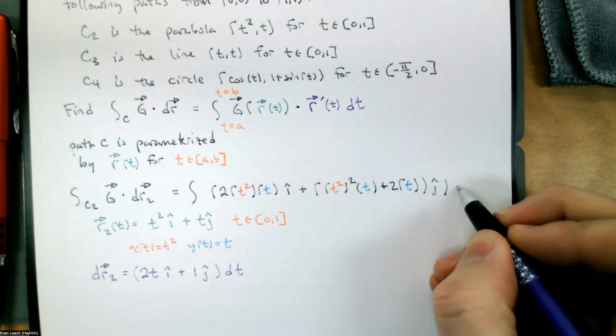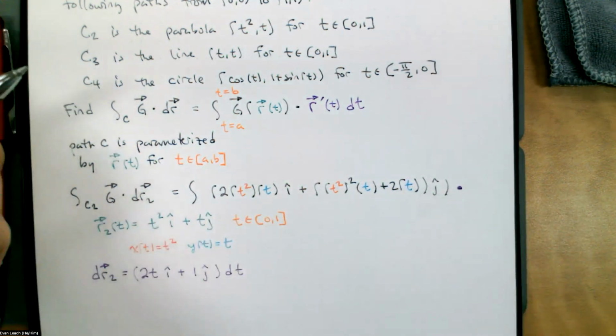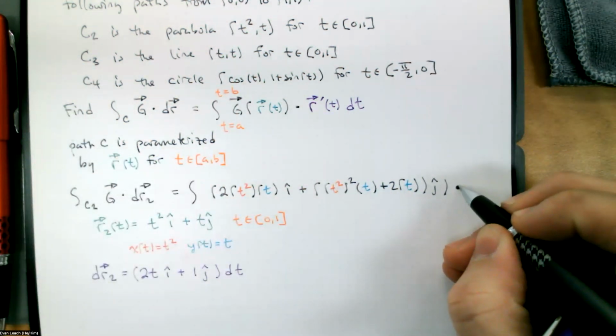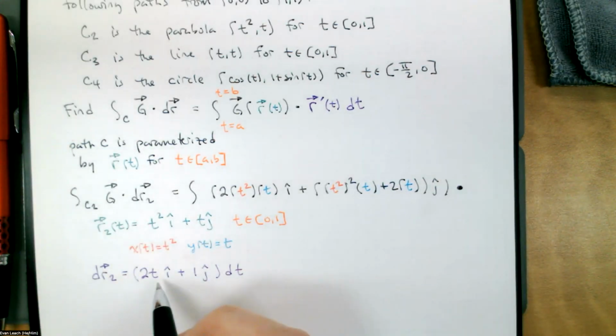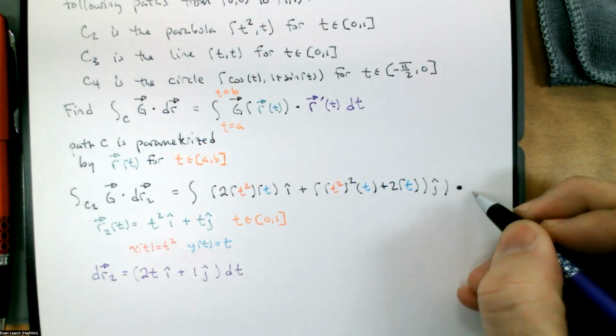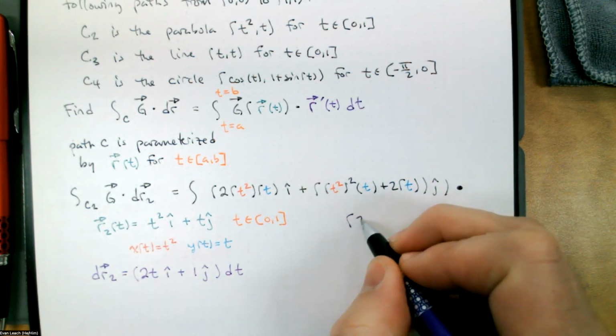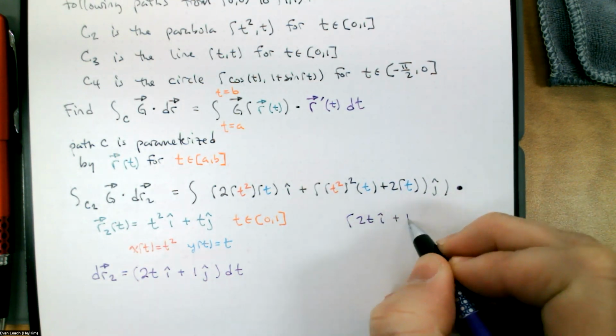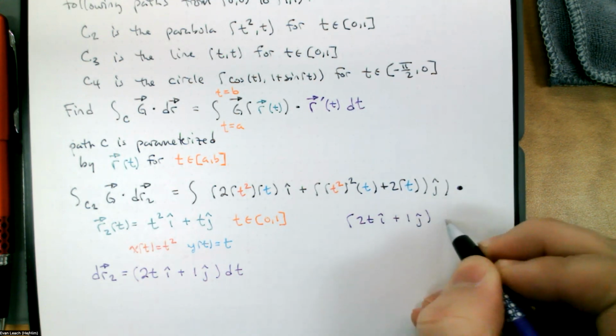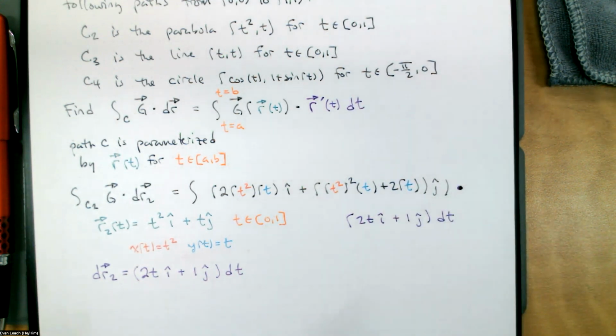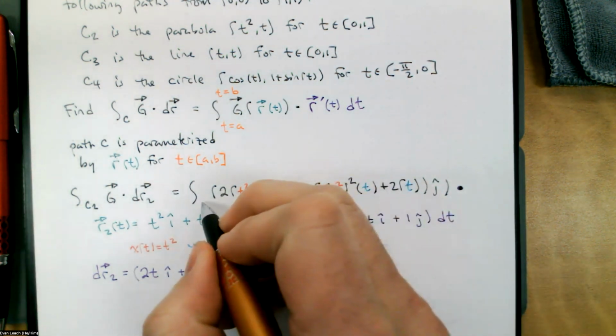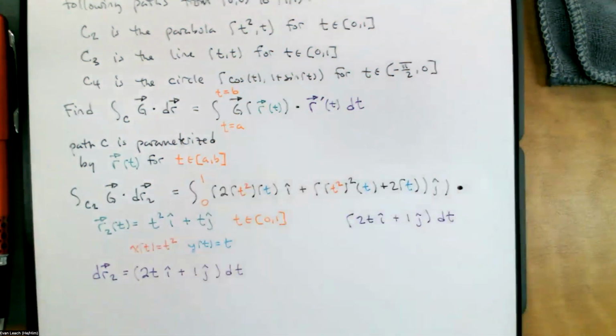So we have the dot product of the function evaluated at all the points on the path and the 2t i plus 1 j. And we do this for all the values of t that tell us where the path is. And those values of t are from 0 to 1.